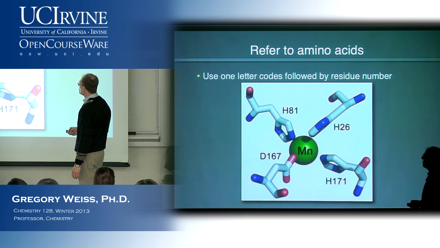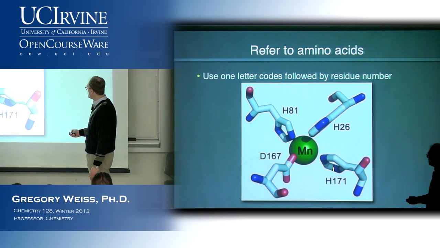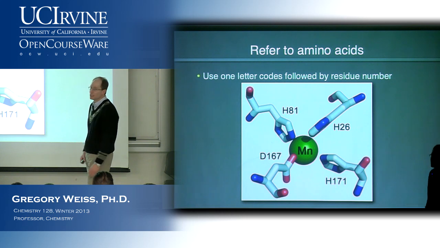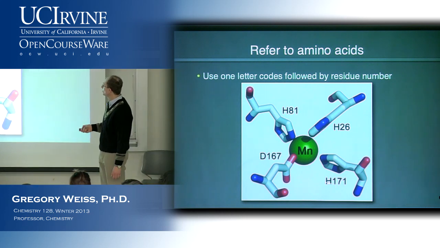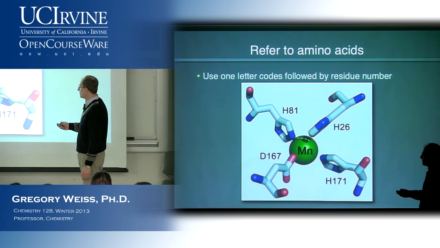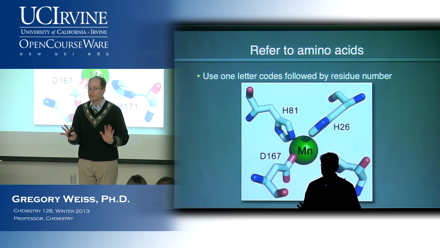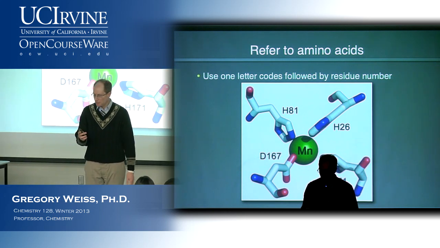So if you had a protein that has 180 amino acids in it, and at position 171 the amino acid was a histidine, you would designate this as H171. And obviously, this is a manganese ion, so it's just going to get the regular elemental designation. Anyway, that's the convention we're going to follow. Pretty straightforward.